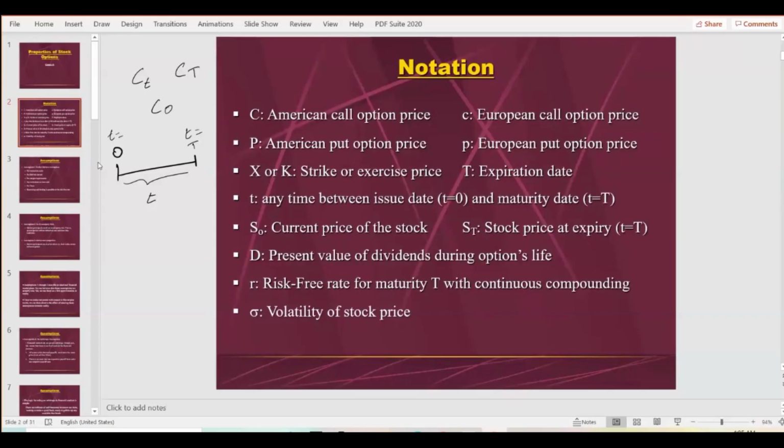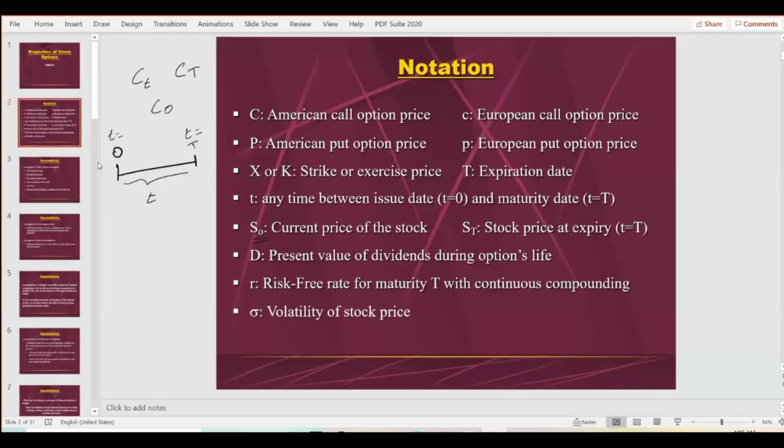S will refer to the price of the stock, and of course here we'll also use subscripts 0, lowercase t or capital T. D will refer to the present value of dividends during the option's life.